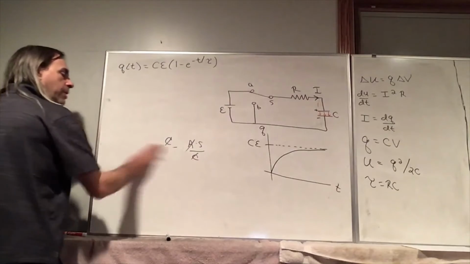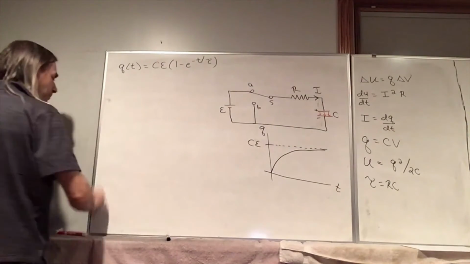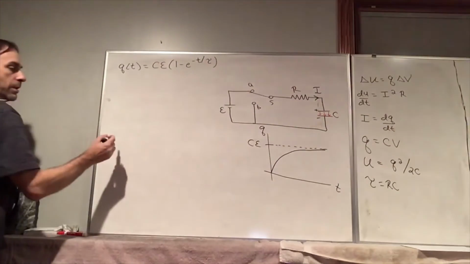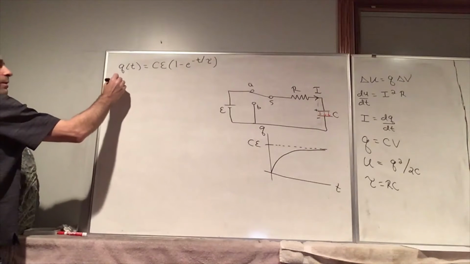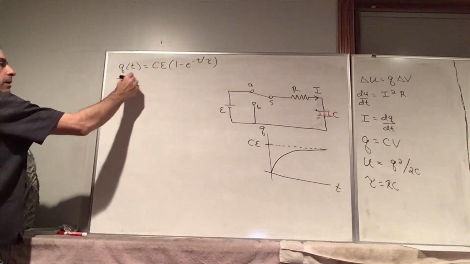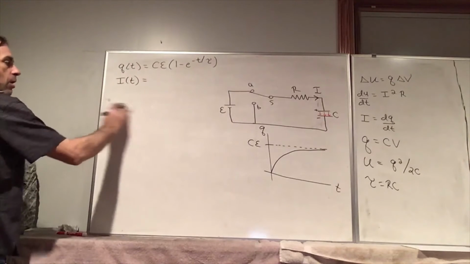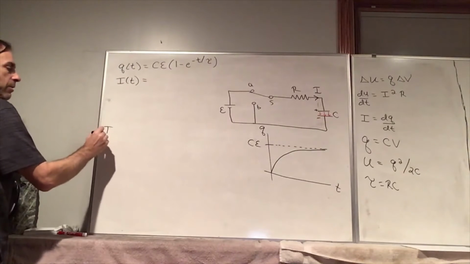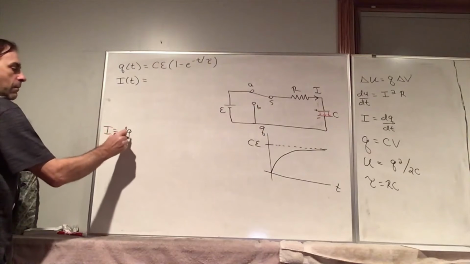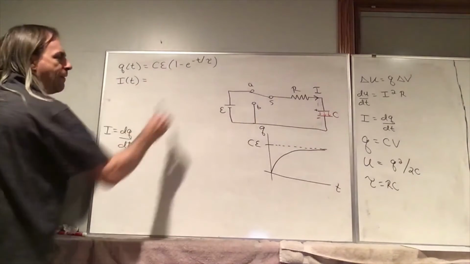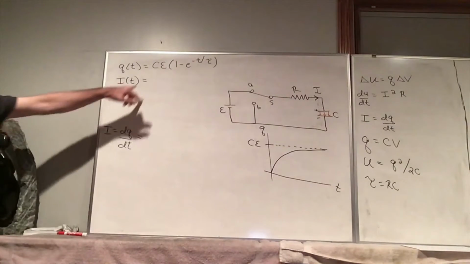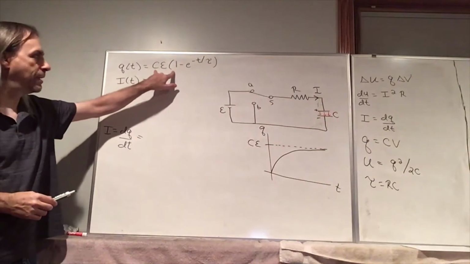Now, let's look at current in the circuit. So I'm going to work it out here, and then we'll write the result up here. So current is dq dt. If we take the derivative, the first term, C epsilon, that's a constant.